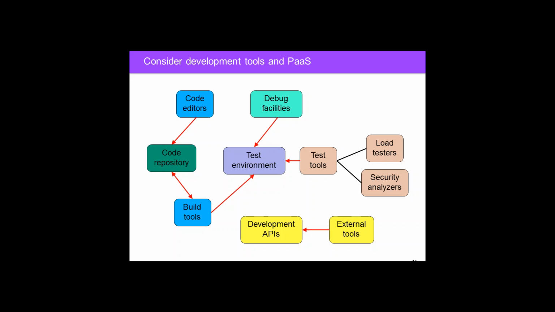You'll very commonly find a code repository, say a Git repository, for holding your code and sharing it amongst people in your project. Associated with that will be a set of build tools, both open source and custom in some cases, for building the code and running it through a test sequence. So the build tools, unsurprisingly, are usually linked to a test environment of some kind, and the test environment commonly has some set of debug facilities that allow you to work out what your application is doing when things don't go as you expect.